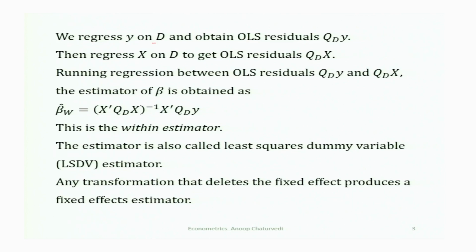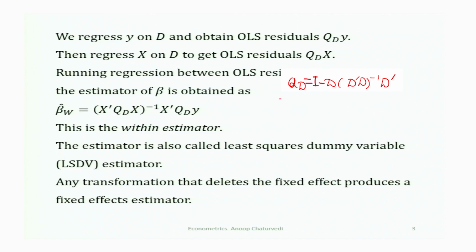Suppose we regress y on D and then we obtain the OLS residual Q_D y, where Q_D is equal to I minus D (D transpose D) inverse D transpose. Further, we regress x on D, then again we get the OLS residual Q_D x. Then we run regression between the OLS residuals Q_D y and Q_D x.